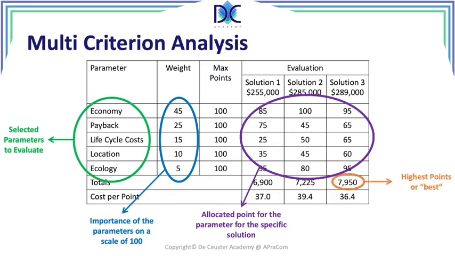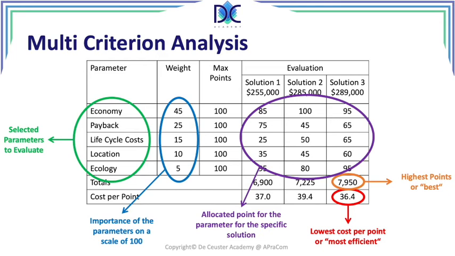And when we divide the cost by the points, we find the cost per point, which in fact gives us the most efficient solution. Now, the most efficient solution is not always the cheapest solution, like in our case, but like I said, we have to look at all the parameters, life cycle, all those important elements that we have to consider, and the cheapest solution is not necessarily the best solution.